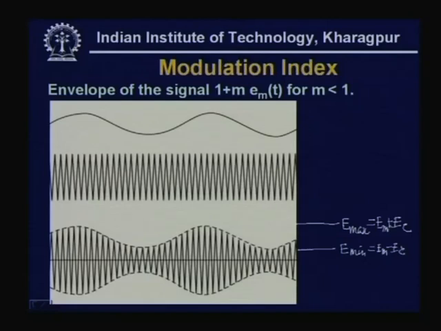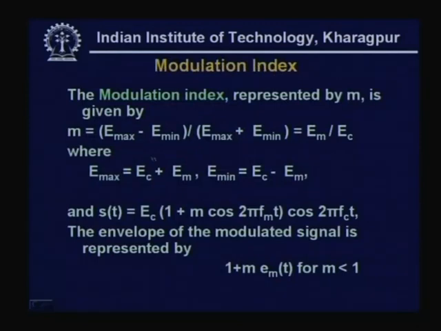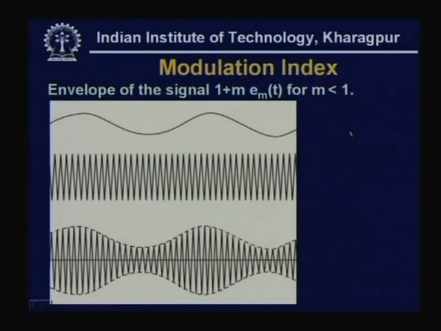Then the modulation index m, given by (E_max − E_min)/(E_max + E_min), is equal to E_m/E_c. That means, in this case we get m = E_m/E_c.